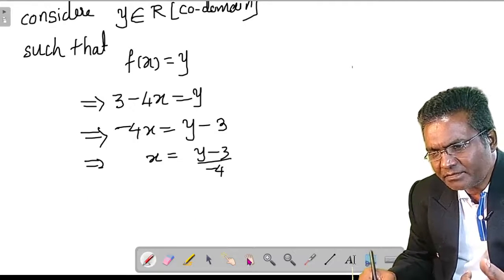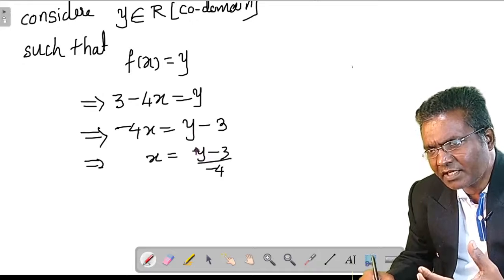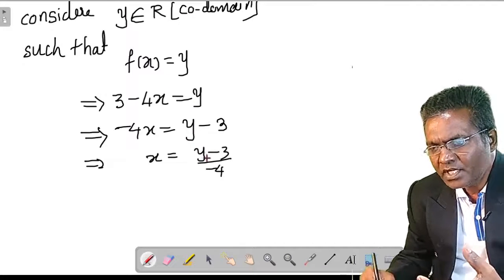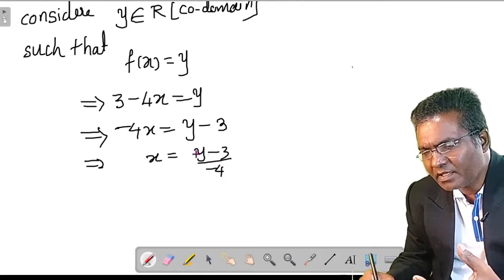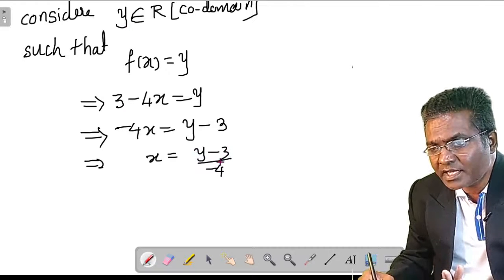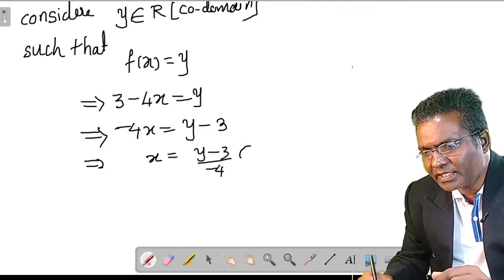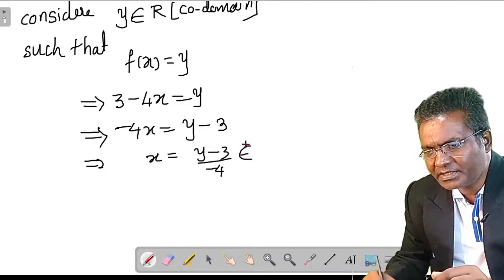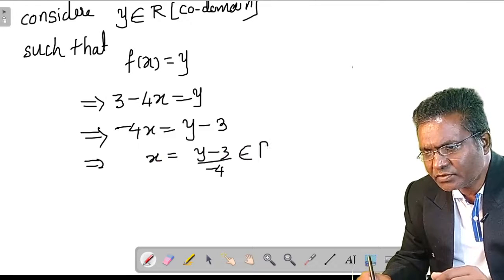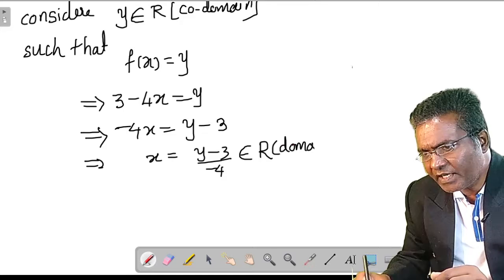Now what does it imply? Here, you have taken y from the real numbers. If you give any real number, does this relation provide you another real number? Exactly. So what should I write? This x will remain in the domain for any y.